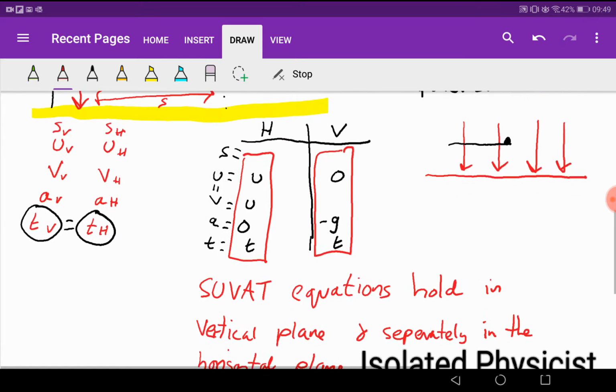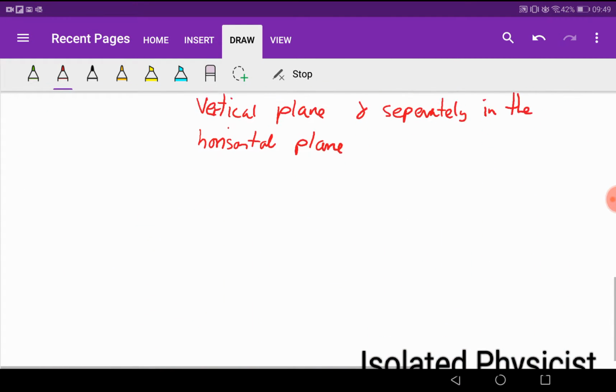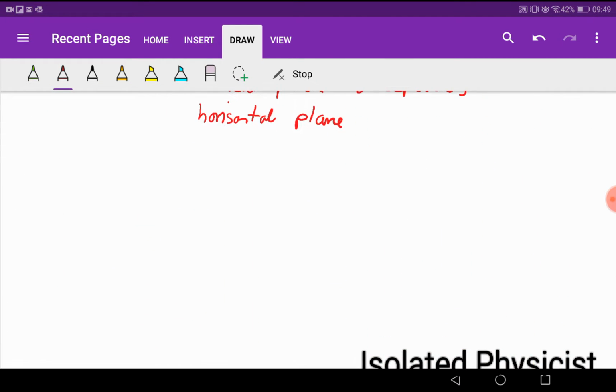So, how does this actually look? Well, let's just do a worked example, shall we? Let's do the worked example from the book, just so I can talk you through it. An object is projected horizontally at a speed of 15 meters per second.